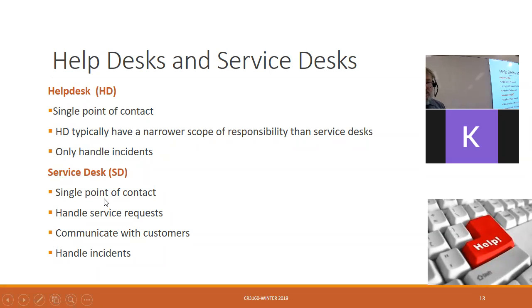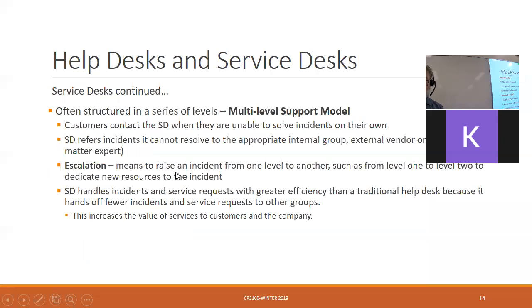Your service desk is going to be broader because, as well as taking inbound calls, it's going to do sort of follow up, I suppose, and communicate the new technology with our customers, etc.